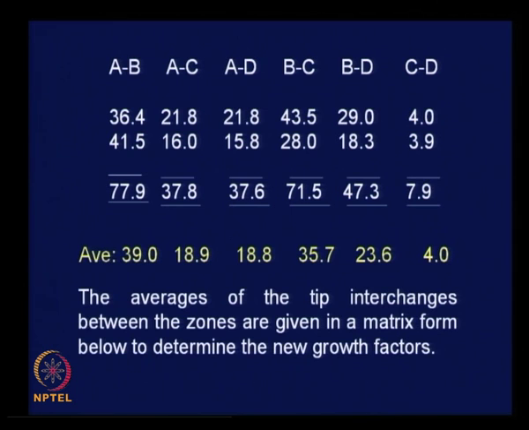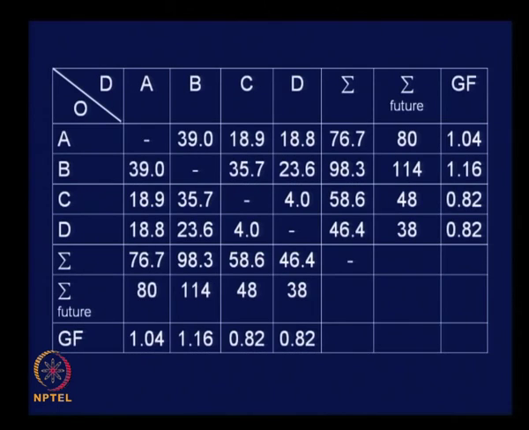The averages of the trip interchanges between the zones are given in a matrix form below to determine the new growth factors. Put these numbers in and develop the trip distribution matrix, and this is the matrix you will be getting. You can see the average numbers that we obtained earlier are given as cell values 39, 39, 18.9, 18.9, 35.7, 35.7 and so on.